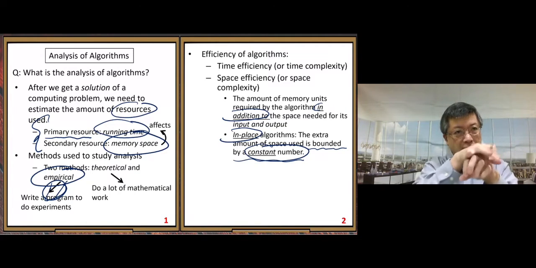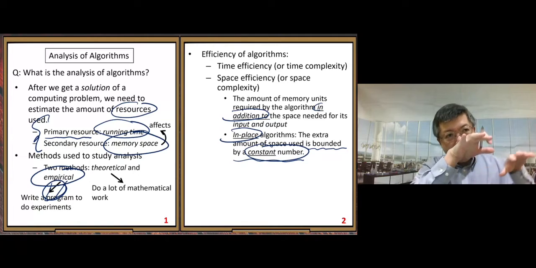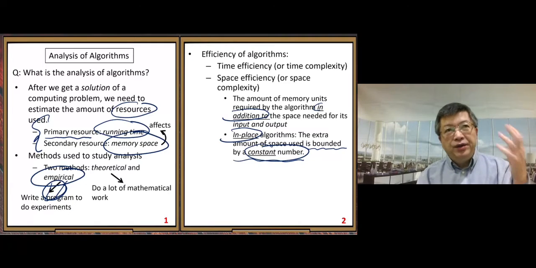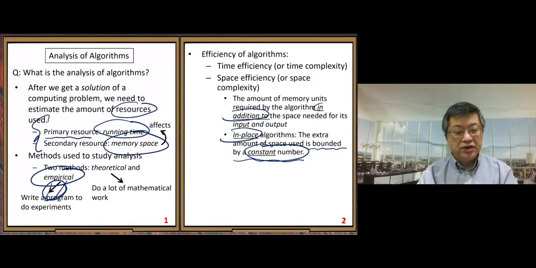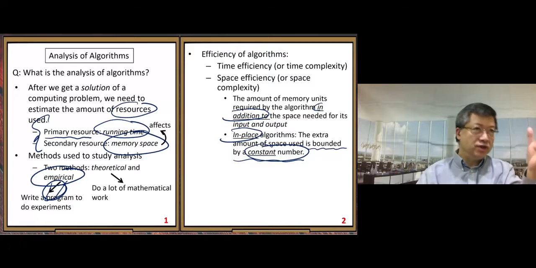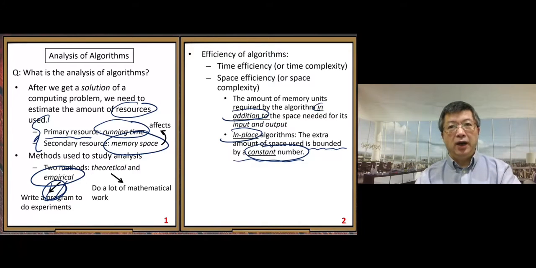It has to be below this bound. If we can do that, then this type of algorithm is desirable, so we call it an in-place algorithm. So, this concept. All right.